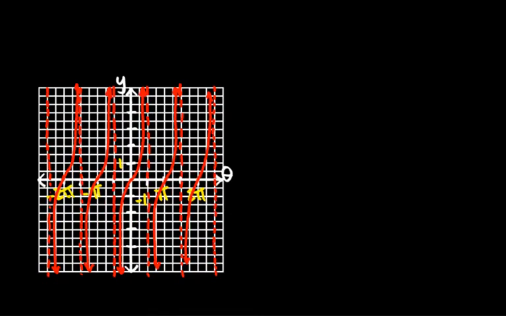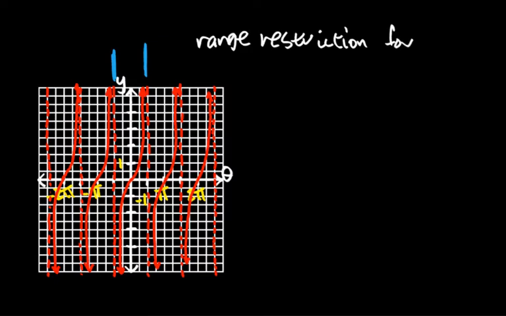Alright, so tangent, this is actually a lot easier than one would think. -pi over 2 to pi over 2. Basically, within the asymptotes is just one period, right? If we choose between there, we're going to get the entire thing. So the range restriction is going to be, so be careful with this one, -pi over 2 to pi over 2.